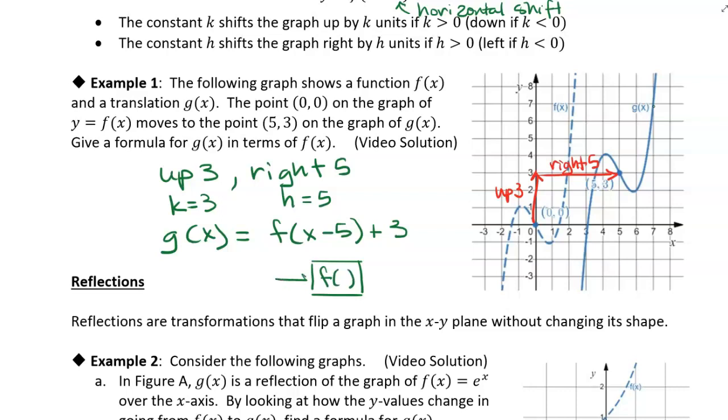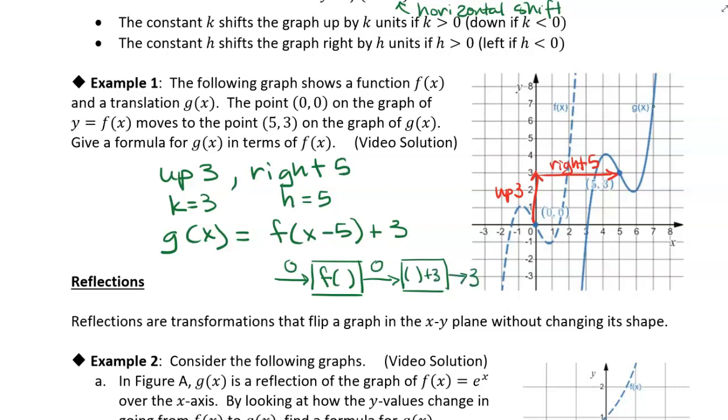We give it an input, and we know that if we give it 0, it will give me an output of 0, the plain old f of x, because that's the dashed line, so it passes through 0, 0. But that is shifted up by 3. So we're going to take the output of f of x and add 3 to it, which will give us the 3 out.